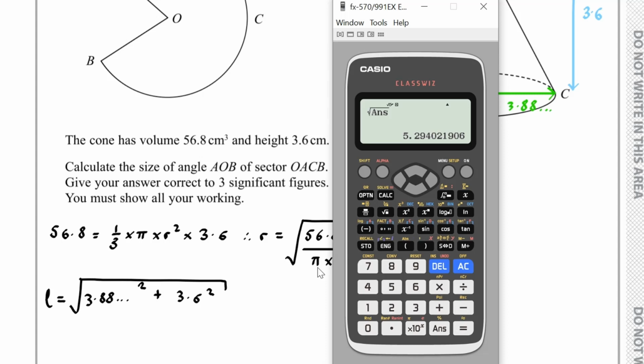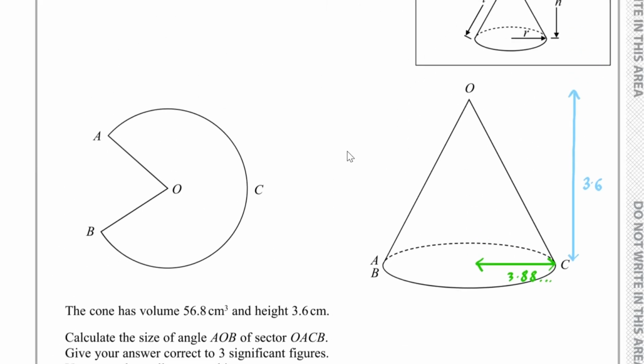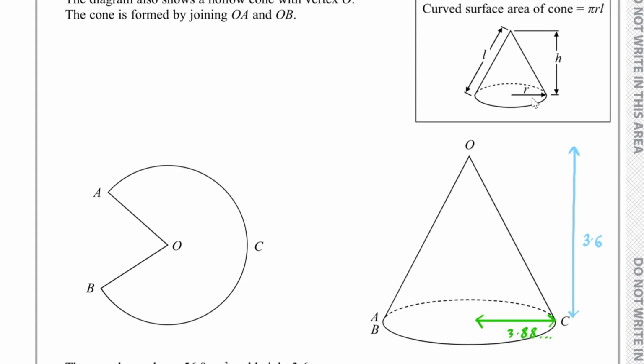That's equal to 5.29, etc. So let's just store this into B for now. So that's what this length here is: 5.29, etc. centimeters. So let's just add on the units everywhere where we're working out stuff.